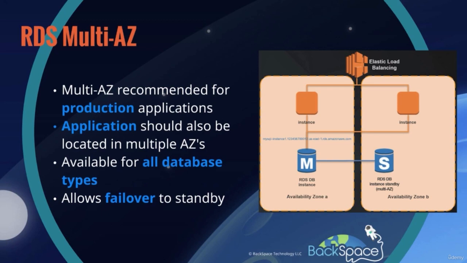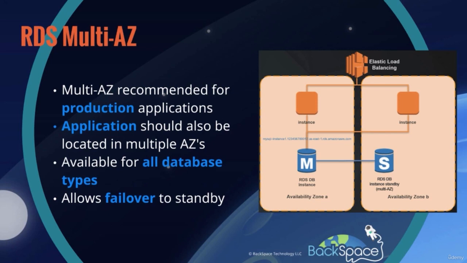There's no point having your application in multiple availability zones if your database is not either. So the way it works, it allows a failover of a faulty instance over to a standby instance in another availability zone. So how does that work?